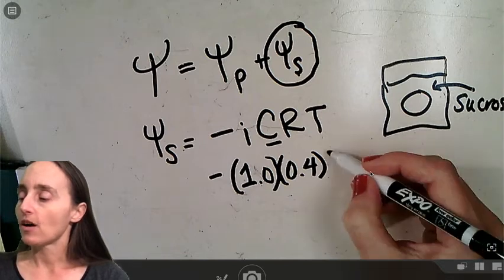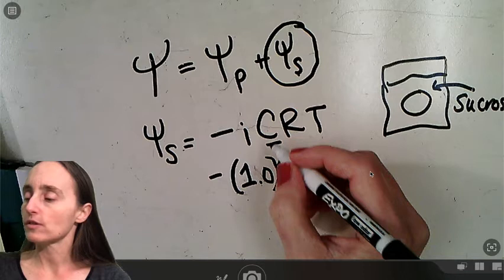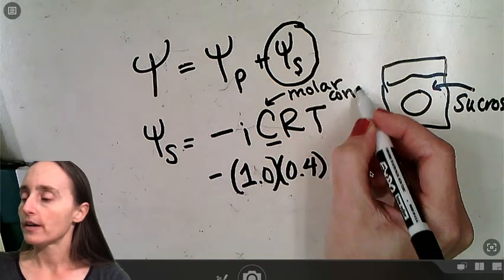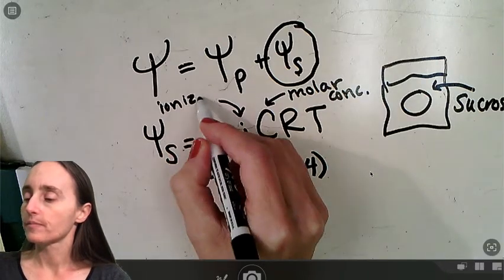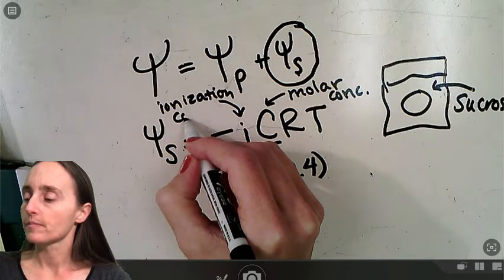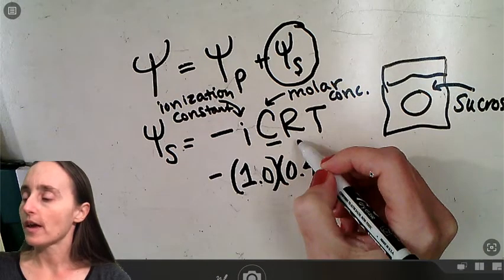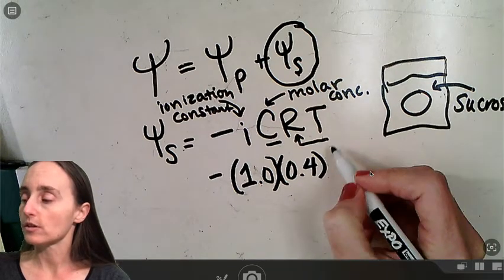So C is the molar concentration. i is the ionization constant. And R is the pressure constant. It's called the pressure constant. That's what it's actually called.